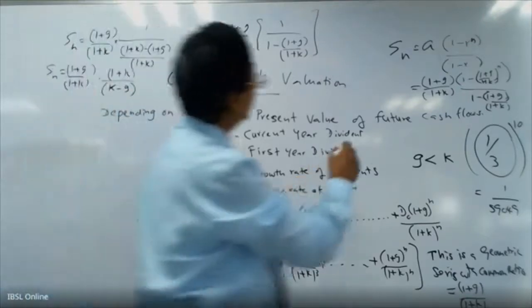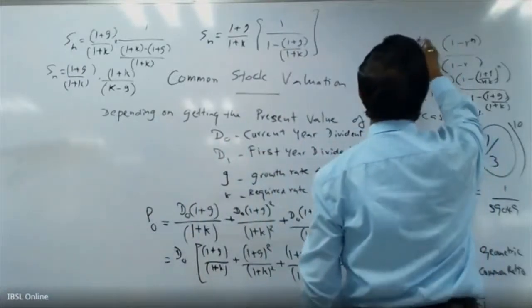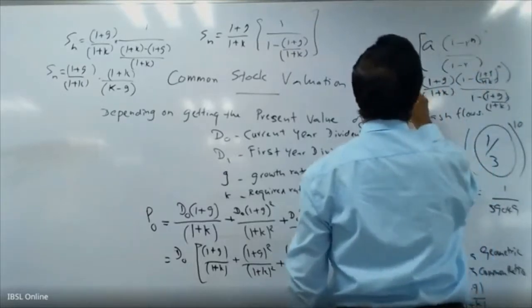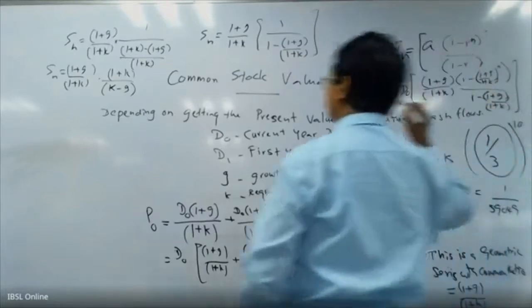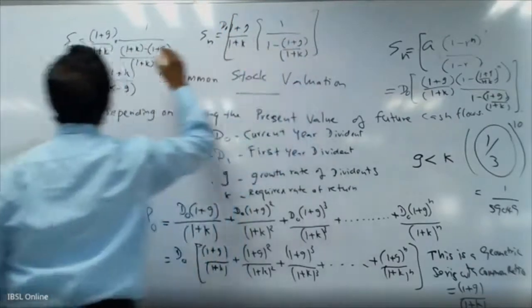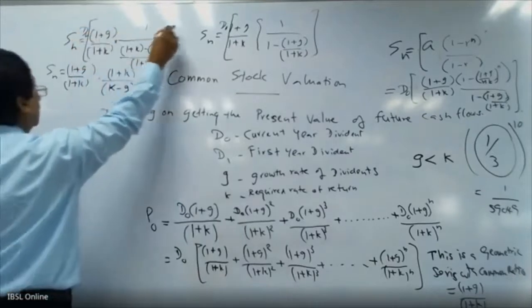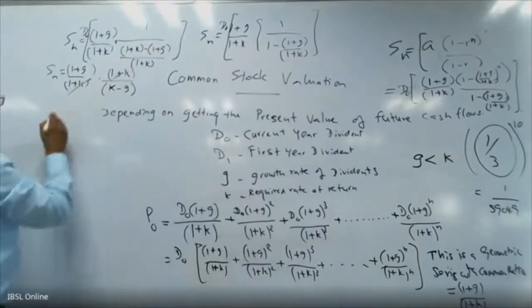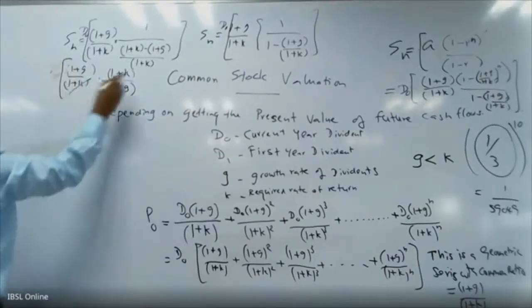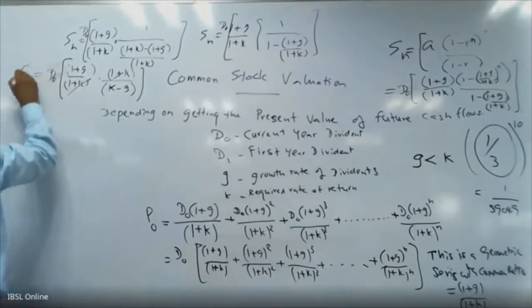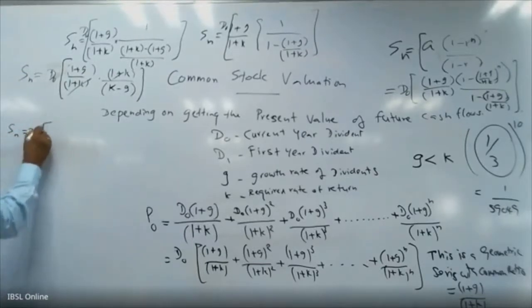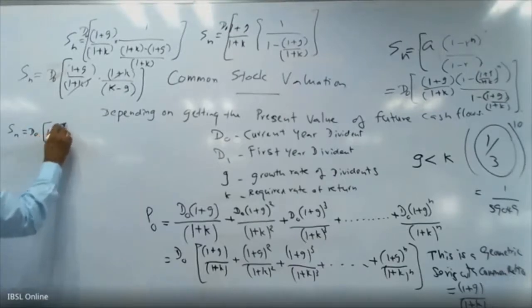D0 is also here, so we can put D0 also here. Then you get the figure Sn is equal to D0 into 1 plus g divided by k minus g.